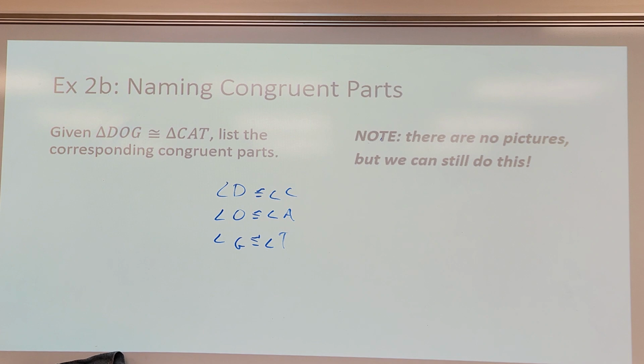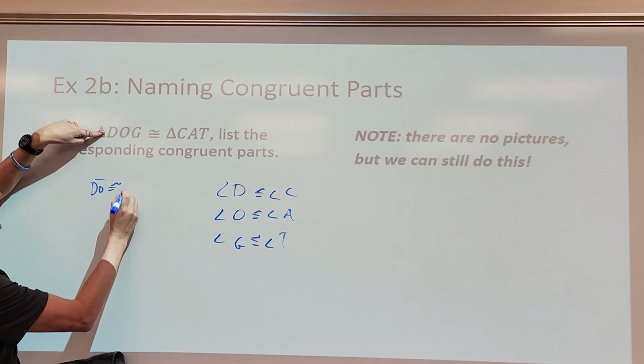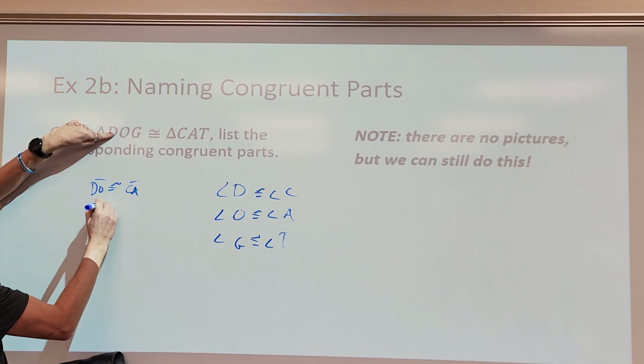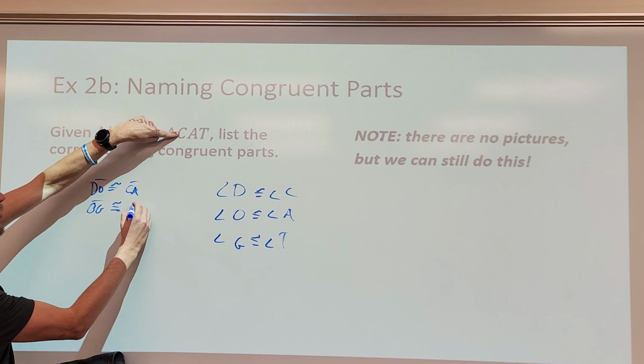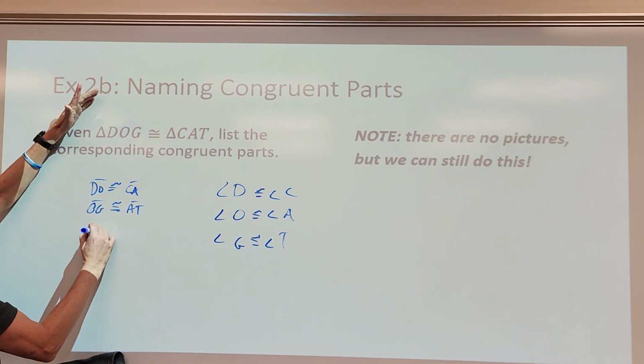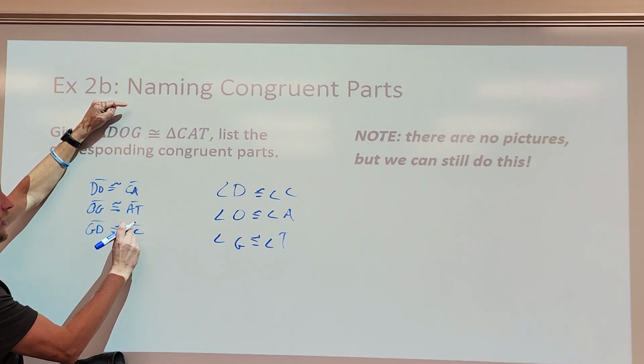All right? The segments, we've got side DO that corresponds and is therefore congruent to side CA. And then OG corresponds and is therefore congruent to AT. G back to D, or DG, however you want to say it, corresponds and is congruent to TC.